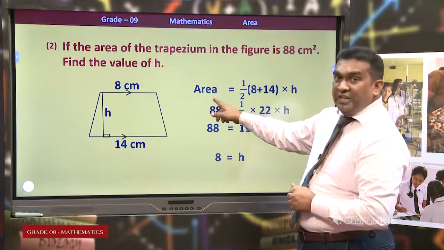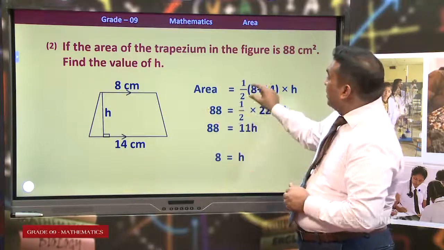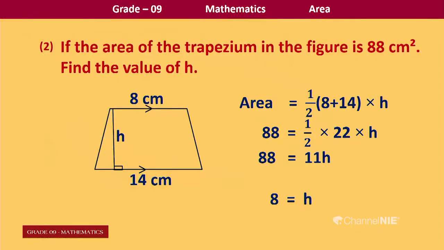Area, the definition: area is equal to half into the sum of lengths of parallel sides into perpendicular height. Here area 88 equals half into 22 into h. Now, you can divide 22 by 2, 11, 11 multiplied by h is 11h.